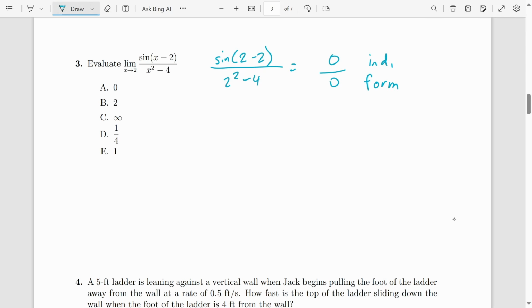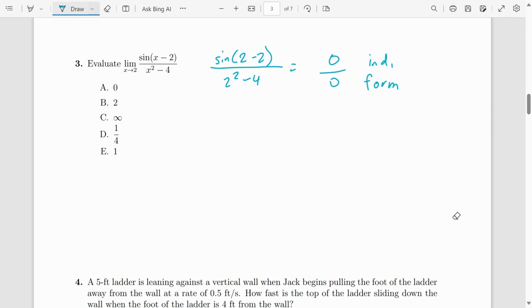What it means is that you can take the derivative of the top and the bottom, and your limit will not change. So after we do these derivatives, usually things will start canceling out, or you can just plug in that value and it won't be dividing by 0, and you'll get an actual answer.